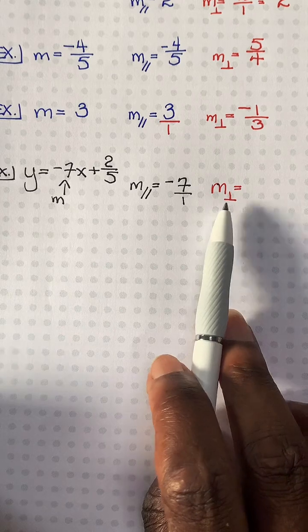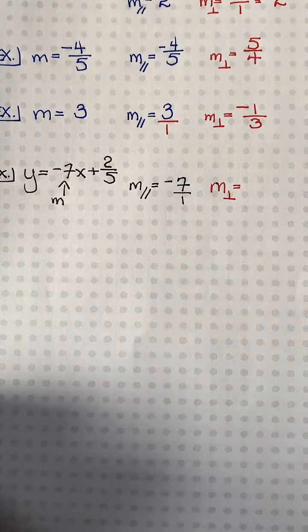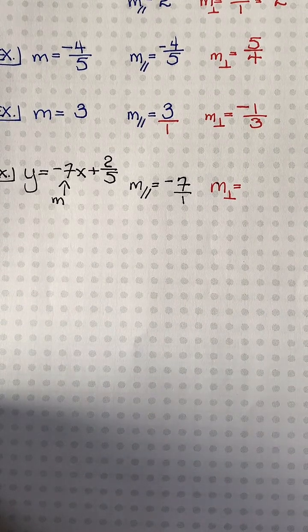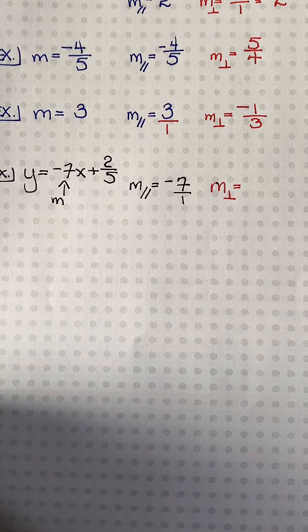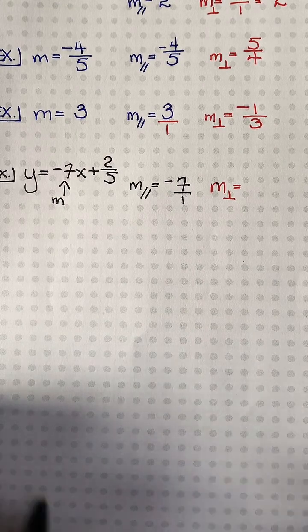But what would my slope be for perpendicular lines? There you go. So we got 1/7, the negative reciprocal, for perpendicular. So careful. What's different?